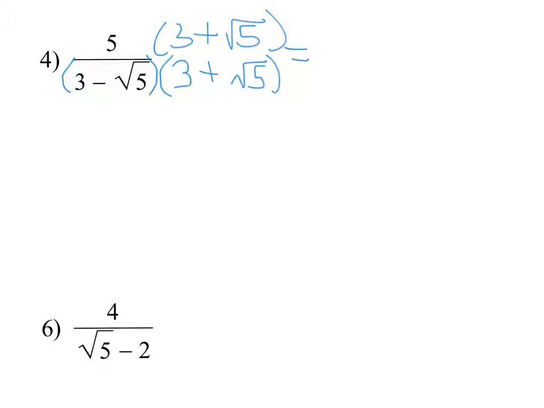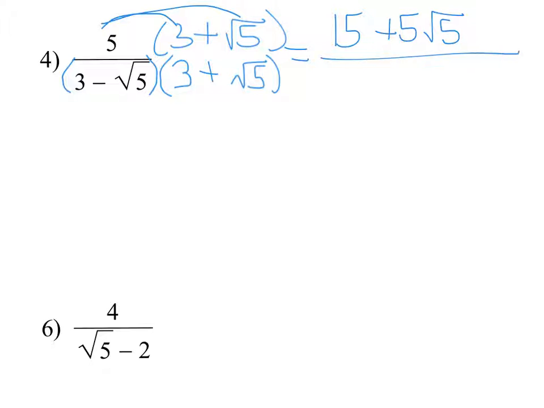So the top of this, we're just going to distribute. 5 times 3 is 15. 5 times the square root of 5, you just throw next to each other and get 5 square root of 5. And then in the denominator, we're going to have to FOIL. So 3 times 3 is 9. 3 times the square root of 5 is 3 square root of 5.